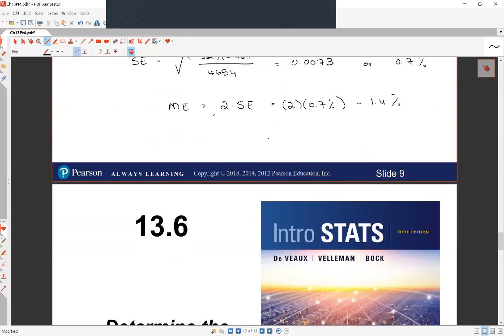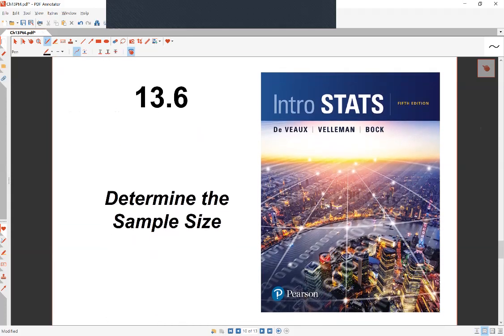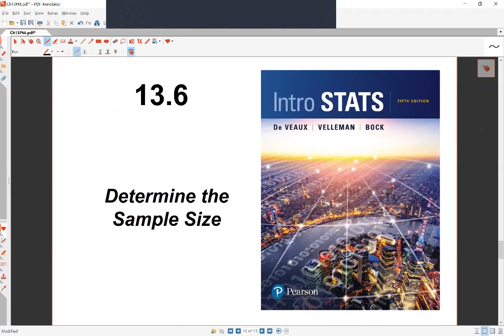The last thing we're looking at today from section 13.6 is how to determine the sample size you need in a specific situation. So here we're flipping the question around. Here we are saying we specify beforehand both our confidence level and the desired margin of error.